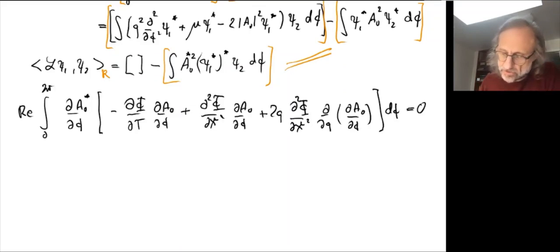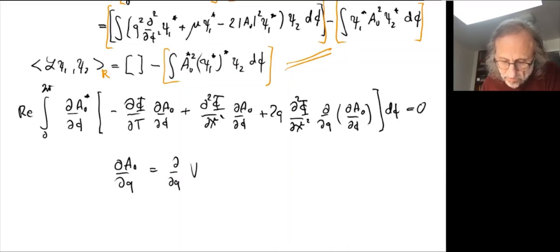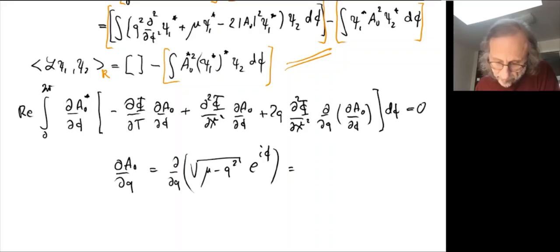And you can interchange the derivatives here. So let's first calculate d by dq of A naught. A naught is the square root of mu minus q squared times e to the I phi. If I take that derivative, I get 1 over the square root of mu minus q squared times minus q, times e to the I phi.